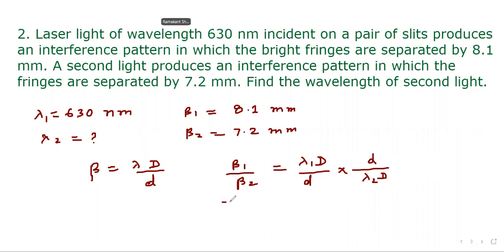So beta 1 upon beta 2 will be equal to lambda 1 upon lambda 2. And our concern is to get lambda 2. That can be easily done because values of beta 1 and beta 2 are given. And answer will be 560 nanometer. So you have to evaluate.